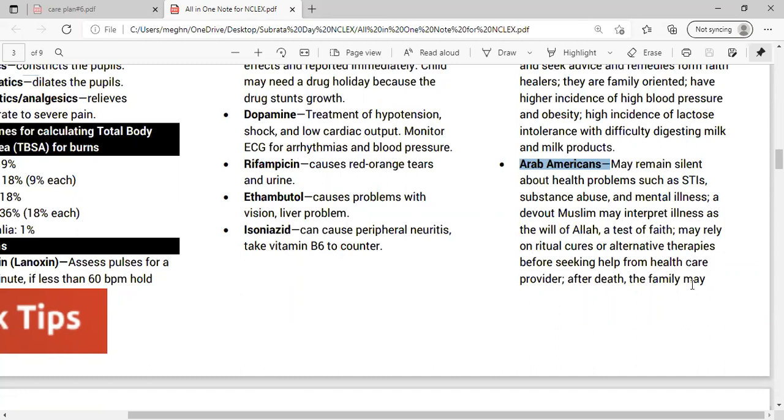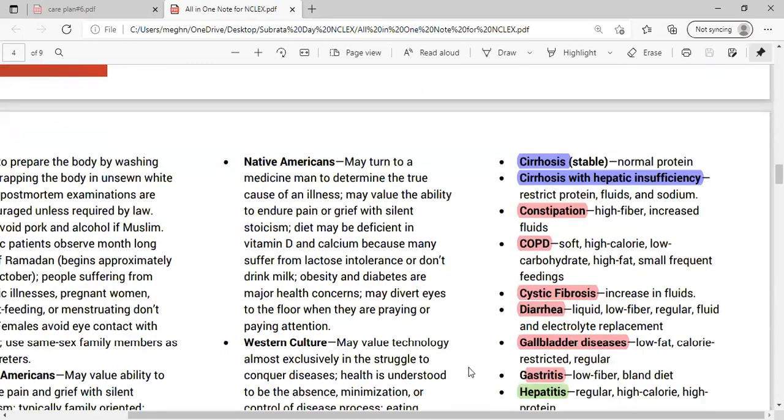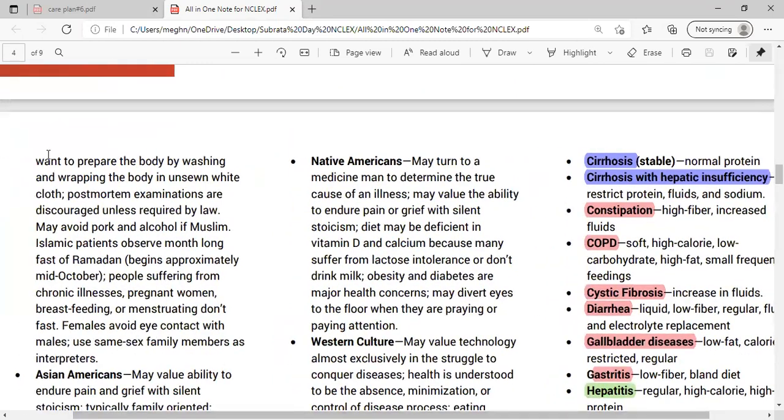After death, the family may want to prepare the body by washing and wrapping it with a white cloth. Postmortem examinations are discouraged unless required by law, and they may avoid pork or alcohol if Muslim.